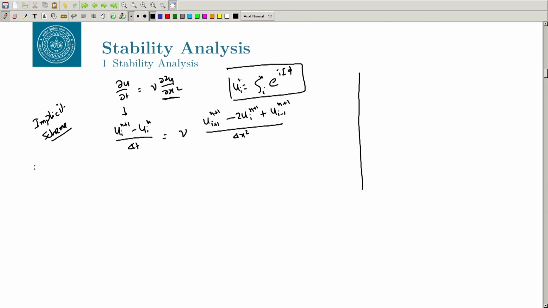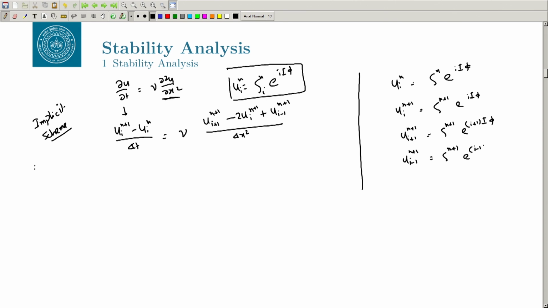So, this is my u_i^n. So, u_i^n is equal to zeta to the power n e to the power I phi, and then u_i^(n+1) will become zeta to the power n plus 1 e to the power I phi, and u_(i+1)^(n+1) will become zeta to the power n plus 1 e to the power I plus 1 I phi, and u_(i-1)^(n+1) will become zeta to the power n plus 1 e to the power I minus 1 I phi, right, and use all these values here.